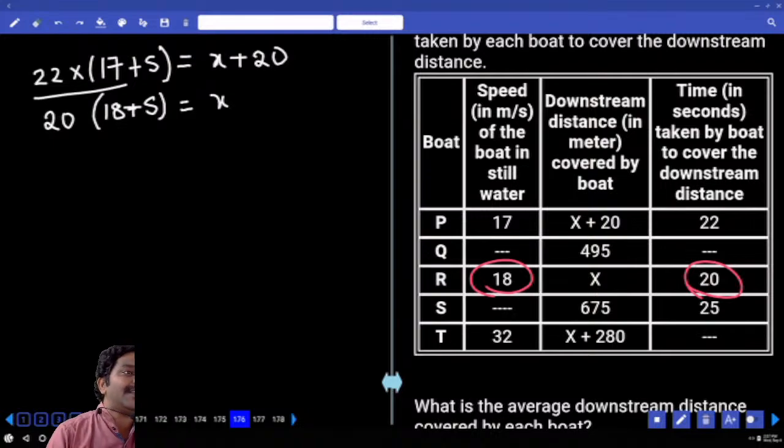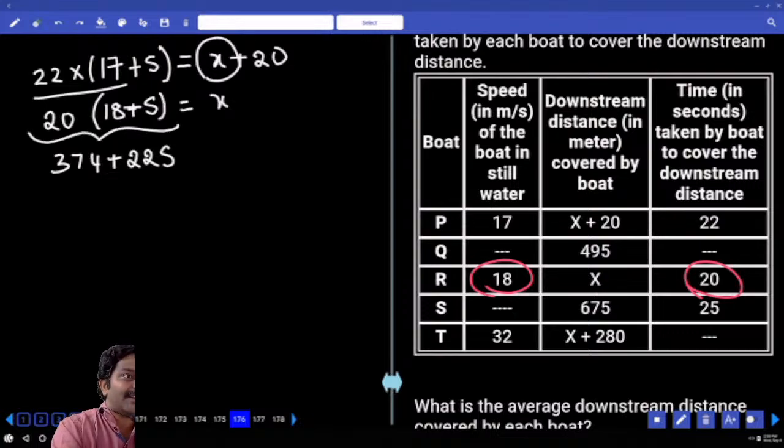20 times 17, 340 plus 20S. 18 times 20, 360, and then 20S. We can replace the X value with this one, right?